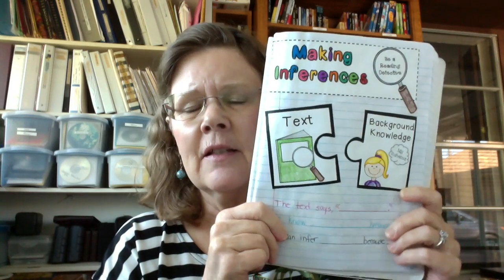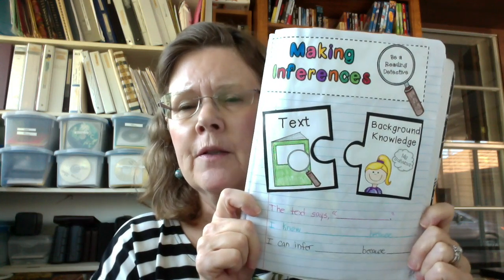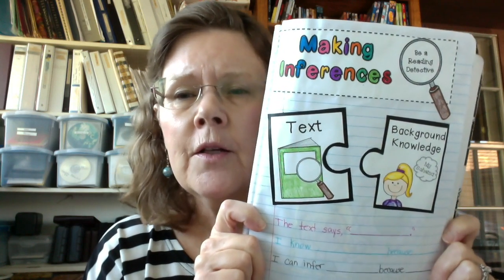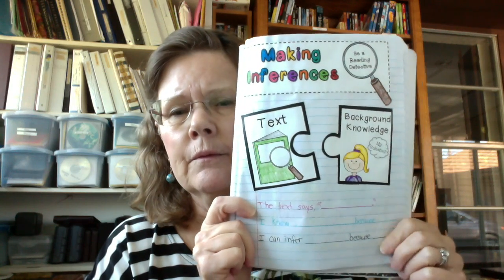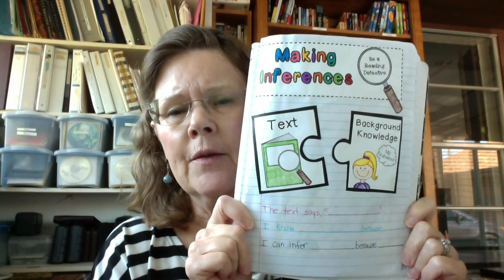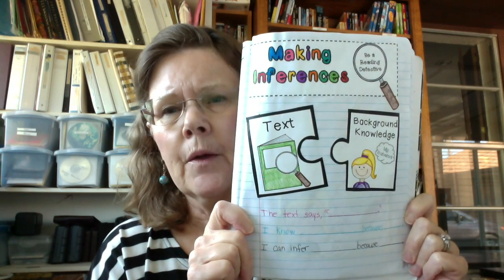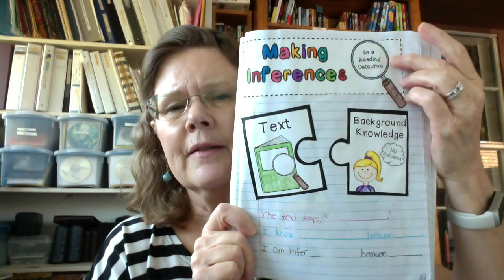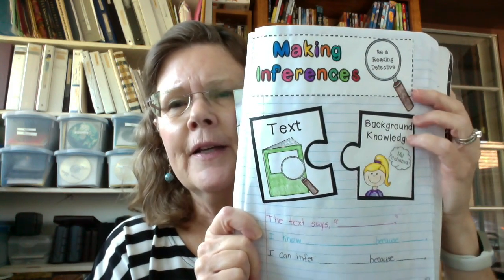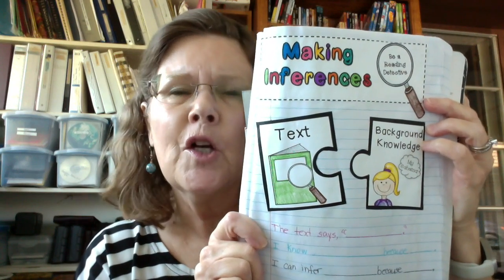Okay, so this is a very simple page. All you're going to do is put the two puzzle pieces. You can put them in however you want to. Then you're going to write these same things down here that I've already mentioned. Okay. And up here, it has this magnifying glass, be a reading detective, and that's really all you're doing.